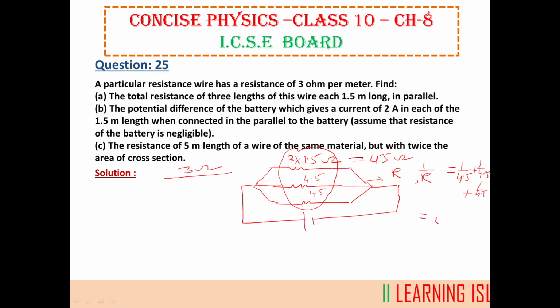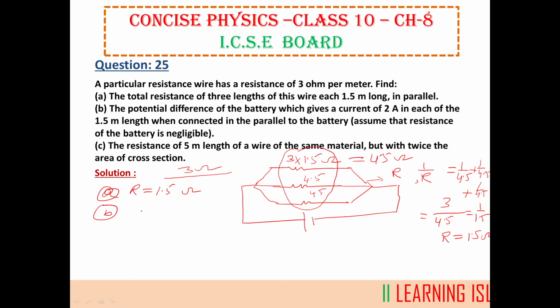On simplification we get 3/4.5, that is 1/1.5. So the resistance is 1.5 ohm. So for question A, the answer is resistance equal to 1.5 ohm. Now come to part B.